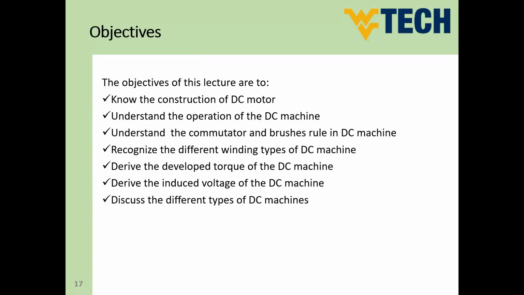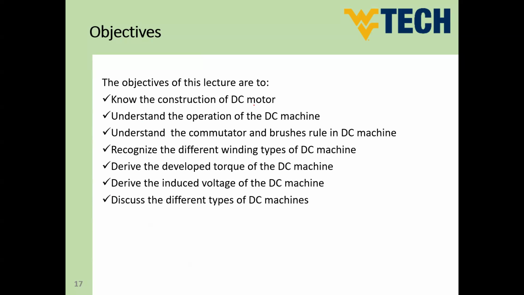So the objectives of this part on DC machines, which is going to be the remaining part of the DC machines, guys: we will discuss a lot of things. We need to know the construction.